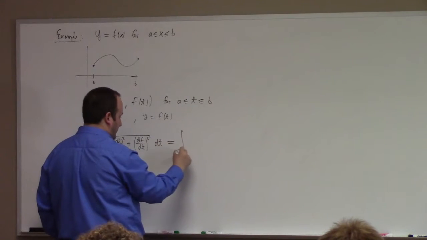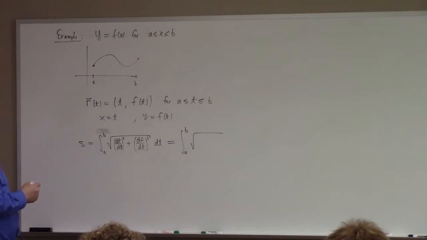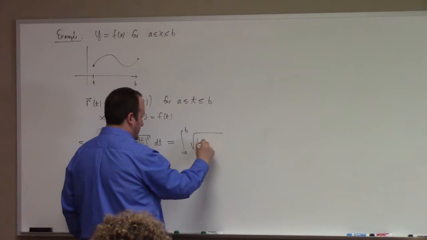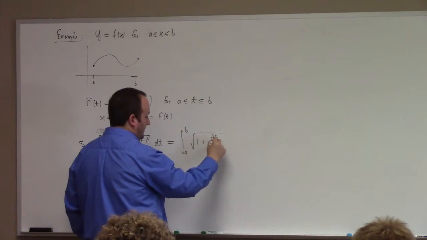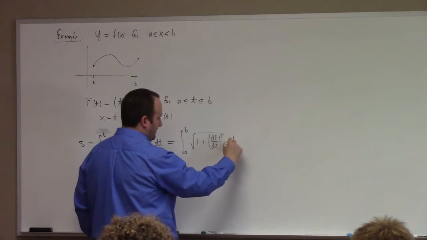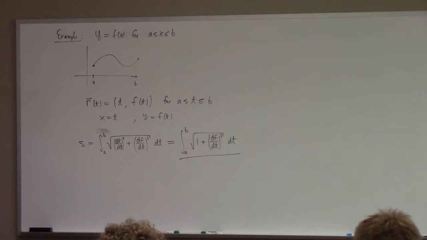Which is what? That's the integral from a to b of the square root of 1 plus (df/dt) quantity squared dt. And so there's the standard formula for the arc length of a graph.